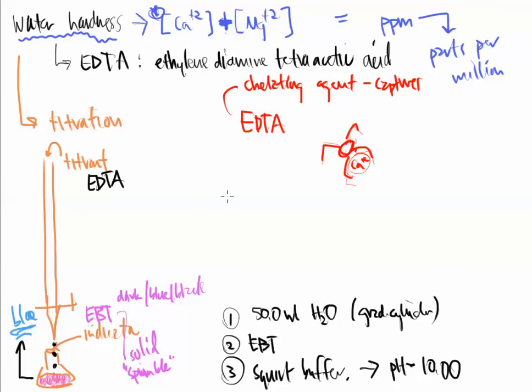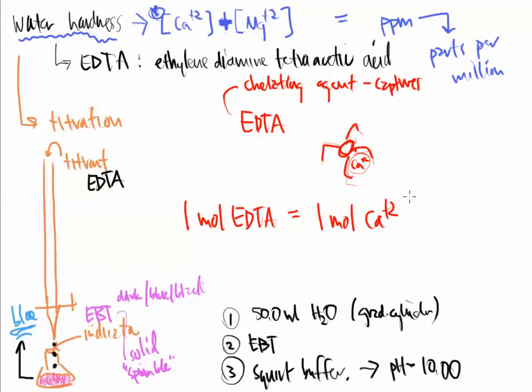Well, what you need to take home here for the calculations is that 1 mole of EDTA will react with 1 mole of calcium. It is a 1-to-1 ratio.